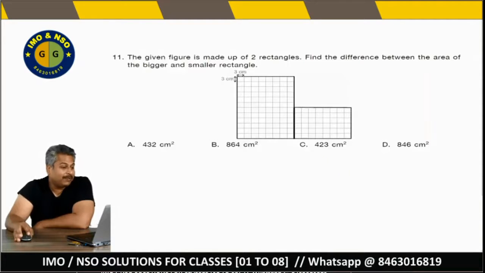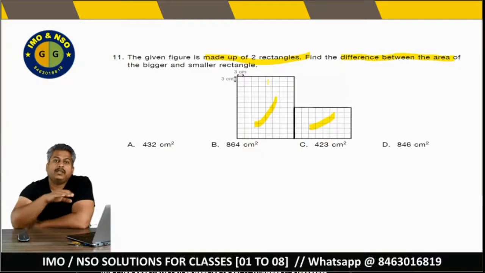In question number 11, we have been given a figure which is made up of two rectangles. So, here you can see it is one rectangle, here it is another rectangle. So, find the difference between their areas. Now, since these rectangles have been divided into various blocks, we can calculate the number of rows and columns of blocks.